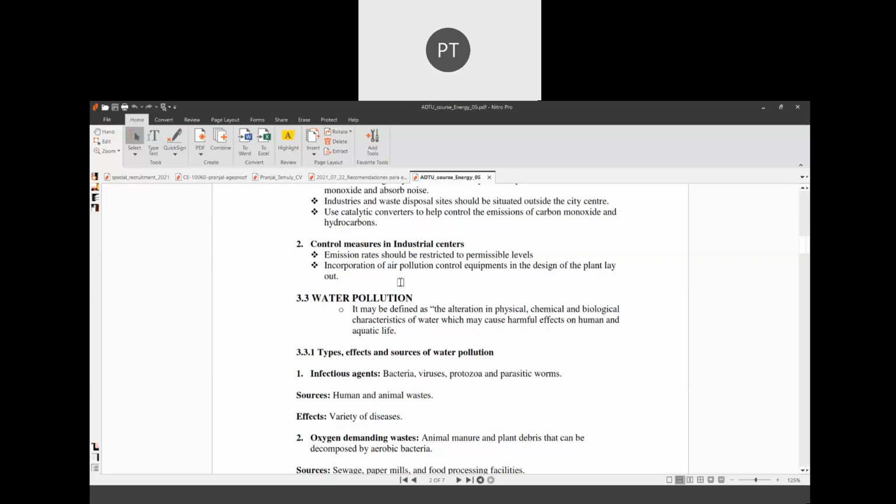Emission rates should be restricted to the permissible levels. Nowadays there is a compulsion for each and every vehicle to carry out a pollution test. This is one type of measure that comes under control measures in the industrial center. Incorporation of air pollution control equipment in the design of the plant's layout.